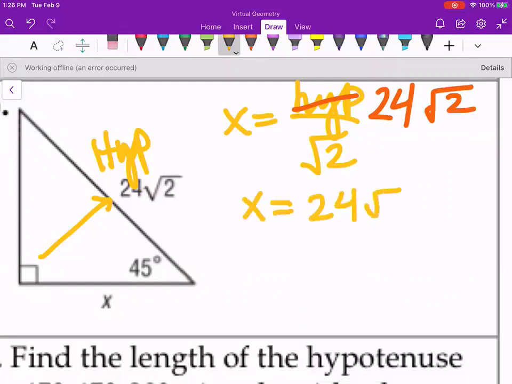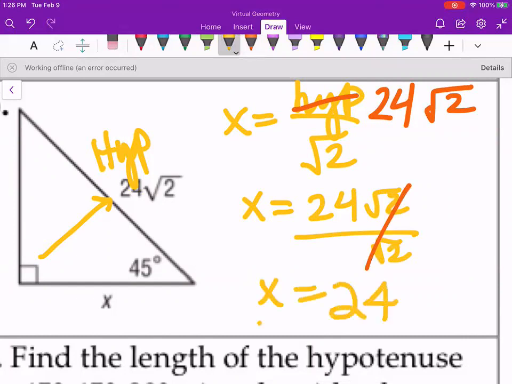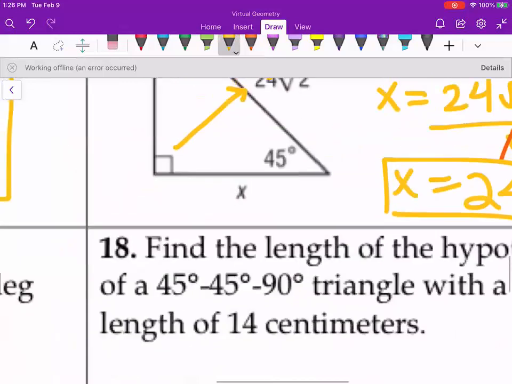So then 24 square root 2 divided by a square root of 2. The radicals cancel. We're just left with 24. All right. So let's try now a word problem and see what we need here.